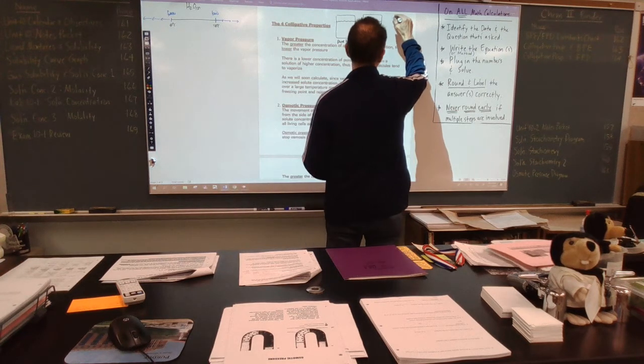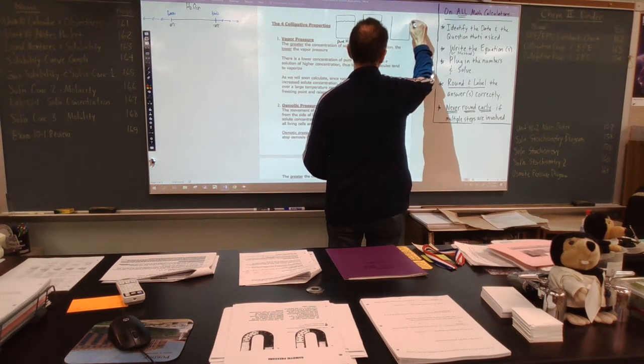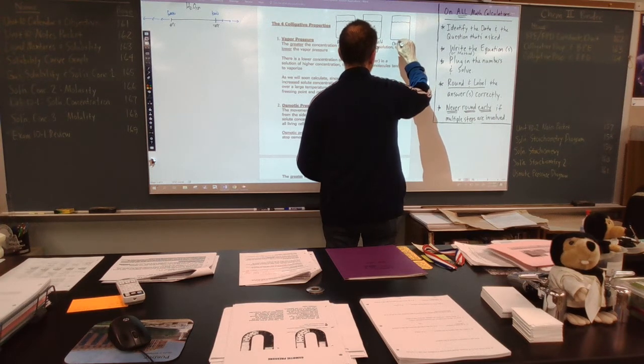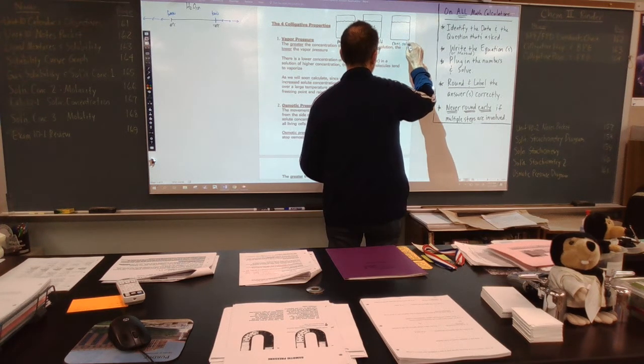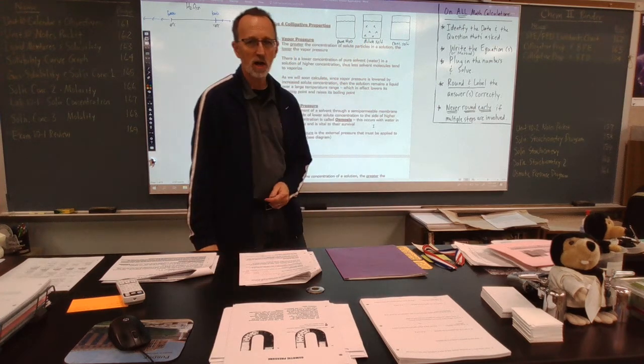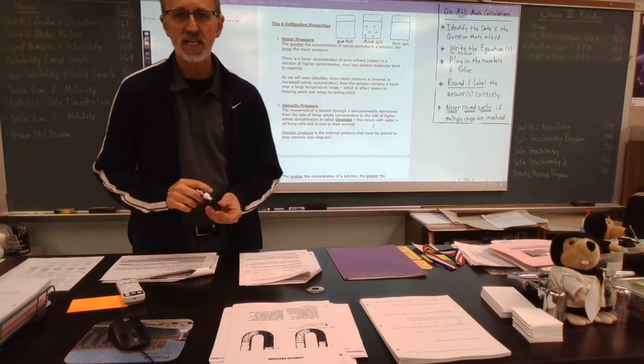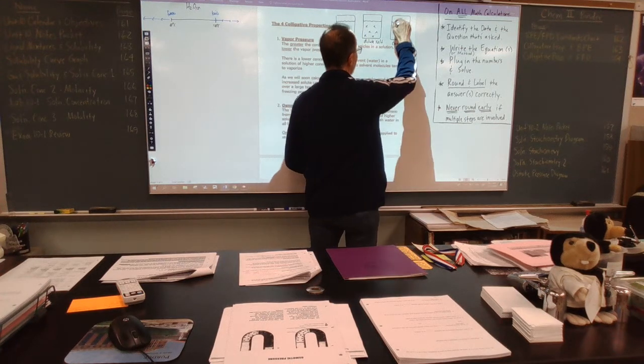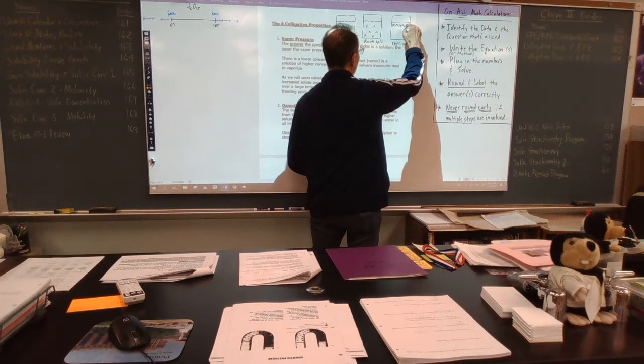And then if we do the same thing, only now we make a concentrated solution. So think if you make a real strong batch of tea, it's got a lot of tea particles in it. So let's show that here.